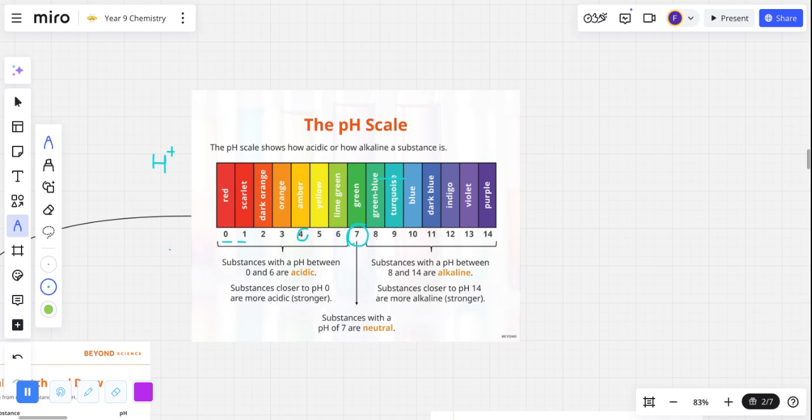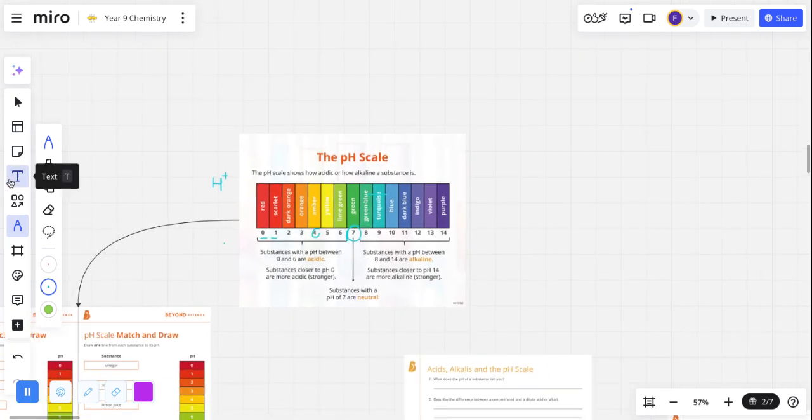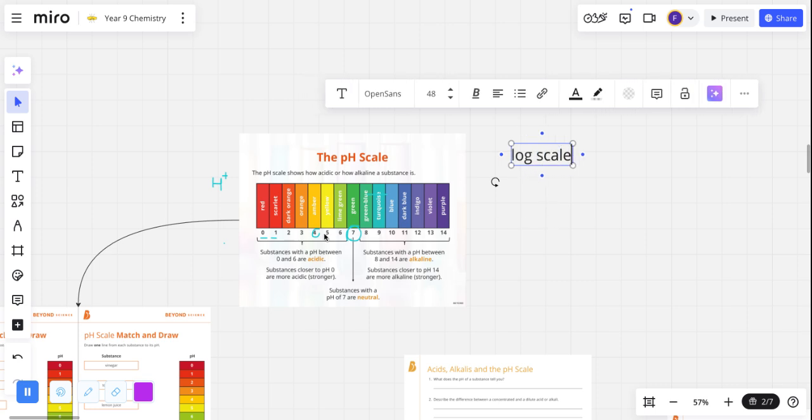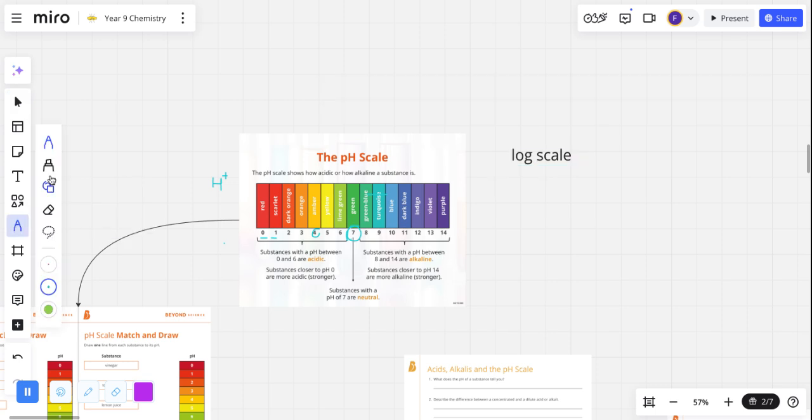Now, I'm going to add a bit of key stage 4 to this. This is what we call a log scale. What that means is these are not normal numbers. A pH of 1 does not mean that it's twice the strength of something that's a pH of 2. What it actually means is each number you go up, its strength increases tenfold.